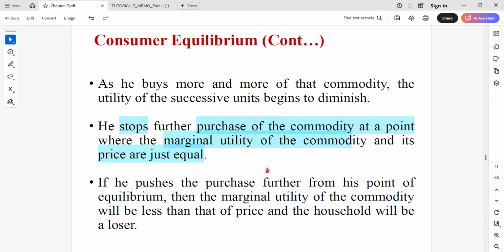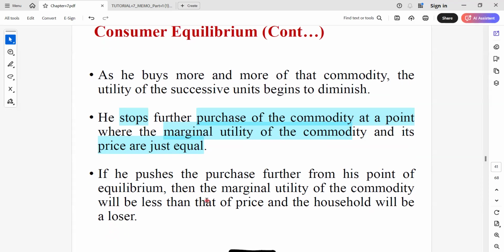So you're no longer getting satisfaction from it, but you continue to purchase it, meaning that the price is higher than your marginal utility. Then as a consumer, you will be a loser.